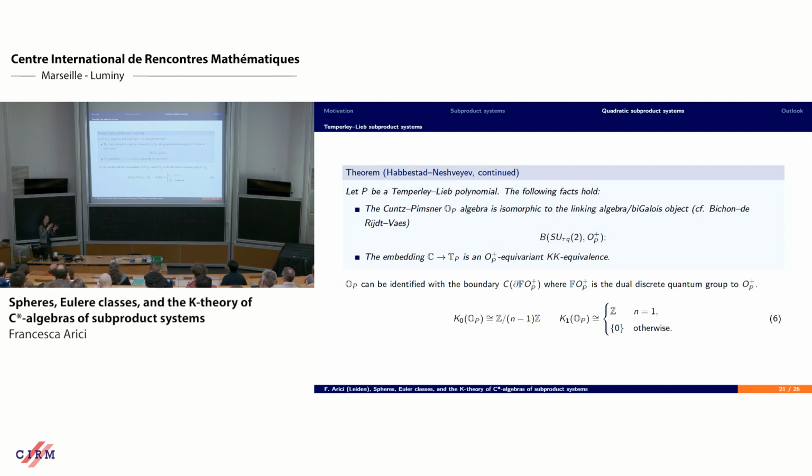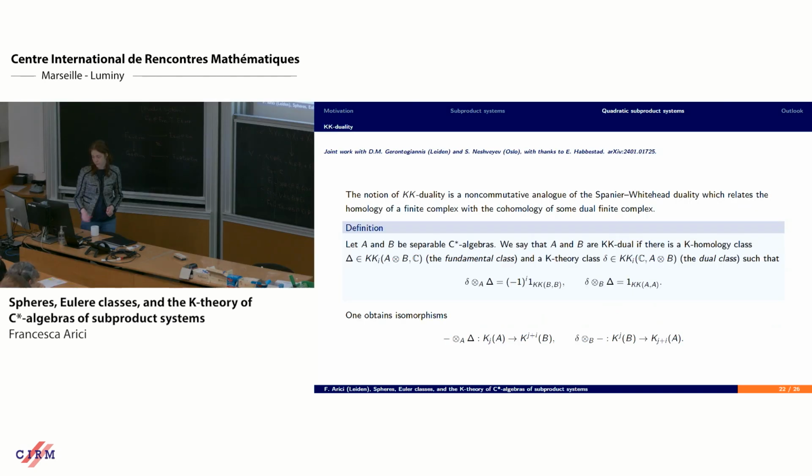So in some sense, if you think back of the picture that I showed you earlier, we have an interpretation of the quotient algebra as some boundary algebra. Okay, and then of course, shouldn't be otherwise, you can compute the K theory and K homology groups, and they are the same as the ones that we had recovered.